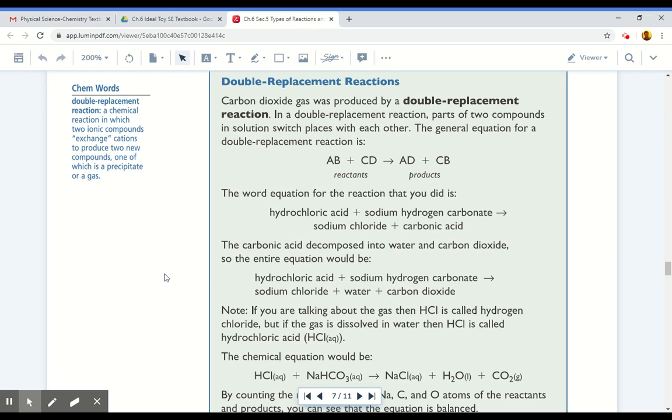The carbonic acid decomposed into water and carbon dioxide, so the entire equation would be hydrochloric acid plus sodium hydrogen carbonate produces sodium chloride plus water plus CO2. Note, if you are talking about the gas, then HCl is called hydrogen chloride, but if the gas is dissolved in water, then HCl is called hydrochloric acid.